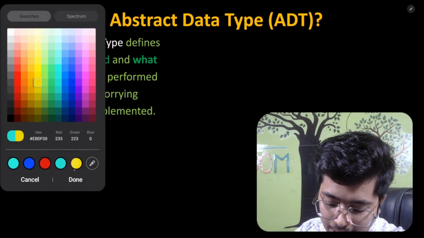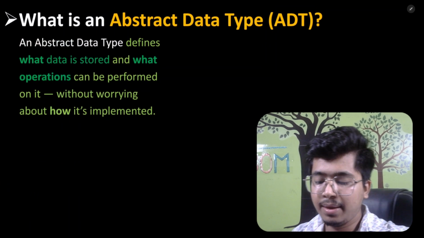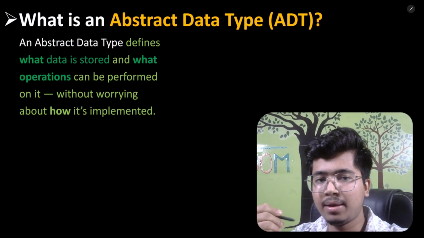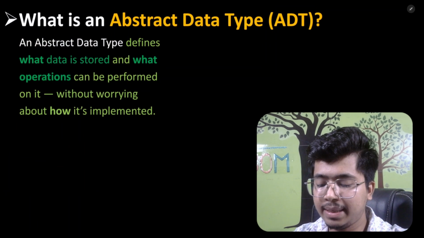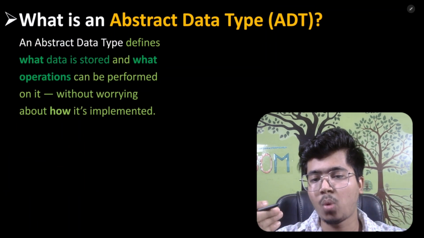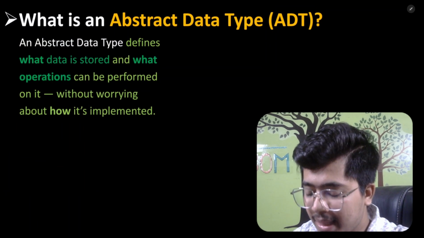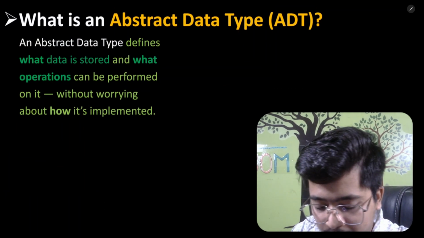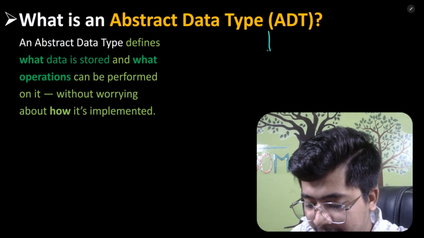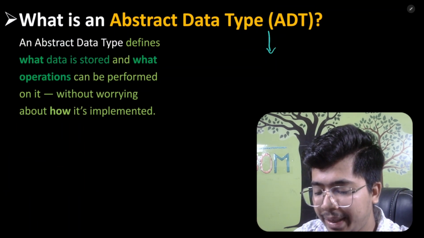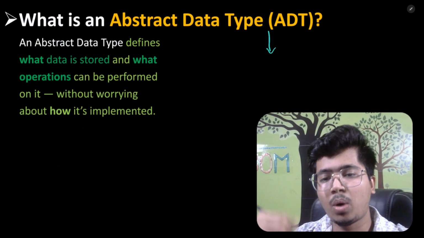So try to understand what abstract data types are. If we divide the words, abstract means abstraction or a type of encapsulation. That means this is a data type that encapsulates everything within itself, and it only deals with what type of data and what operations.